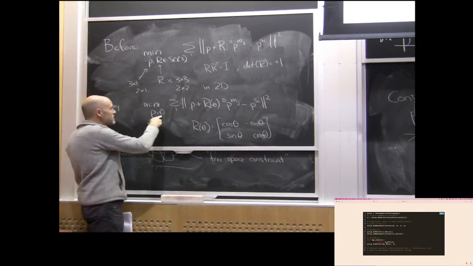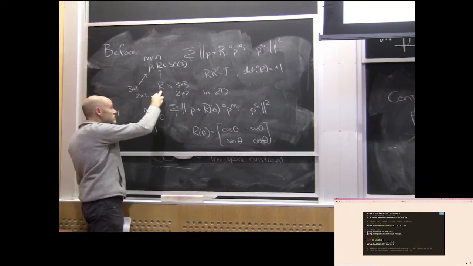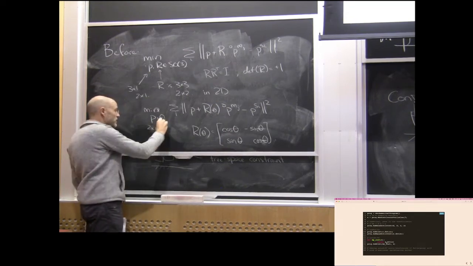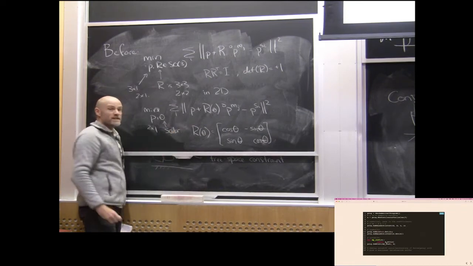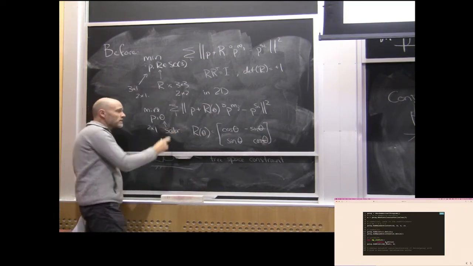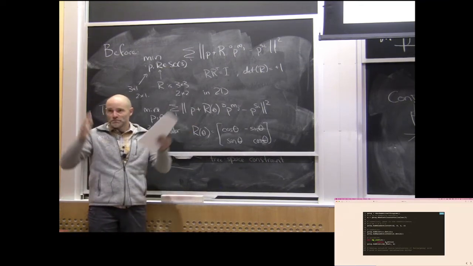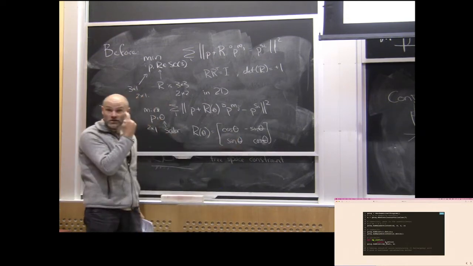So I've changed my decision variables. Instead of the entries of the matrix R, to now being just one variable theta. This is just a scalar. That seems good. I've got fewer decision variables, maybe. But my beautiful quadratic bowls are not beautiful quadratic bowls anymore. I've got some sines and cosines in here that are changing it.